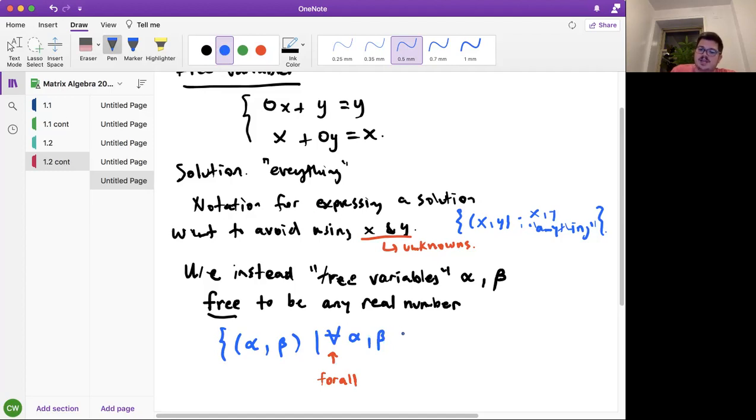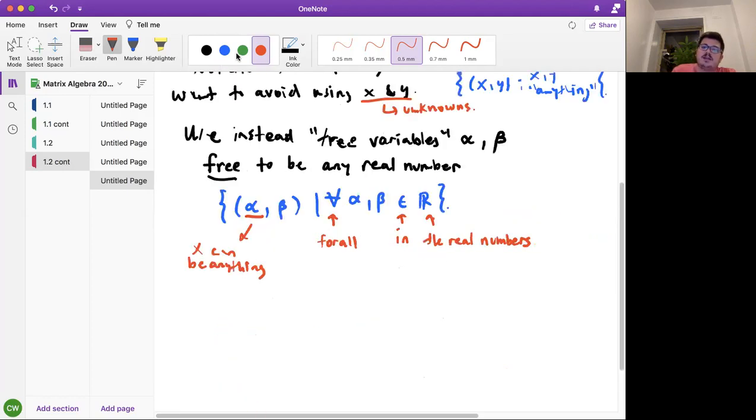And what kinds of numbers can they be? Well, we only care about the real numbers, so we don't want i's. This symbol means in, and this symbol means the real numbers, as opposed to imaginary numbers. So that's how you express the solution. What this means is that in the solution, x can be anything, and y can be anything.